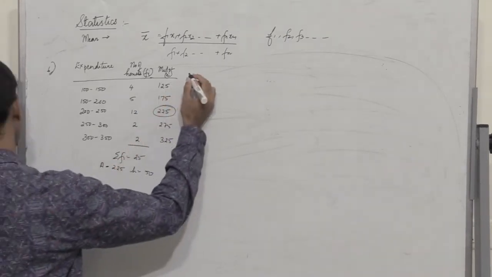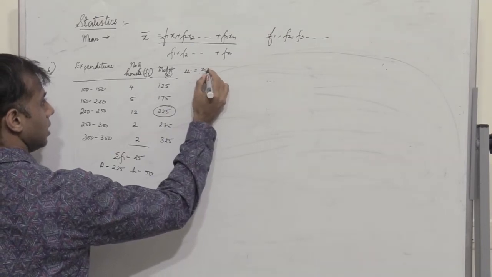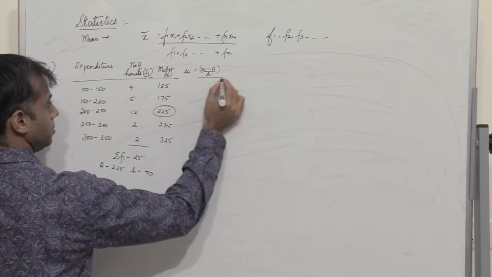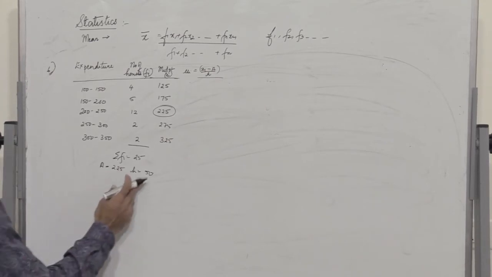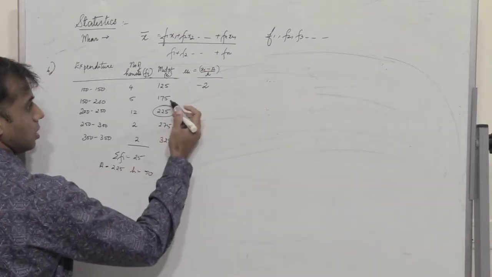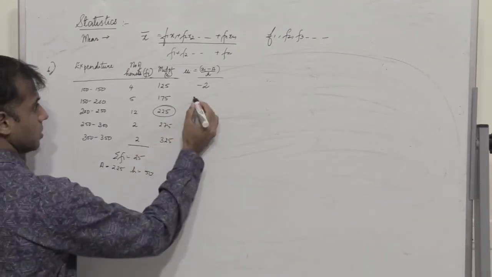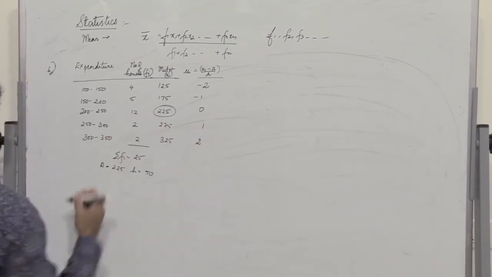So let's find ui. So ui is xi minus A divided by H. Right? So 125 minus 225 is minus 100 by 50 is minus 2. So 175 minus 225 is minus 50 by 50 is minus 1. There's 0 here and you get 1 and 2 here.